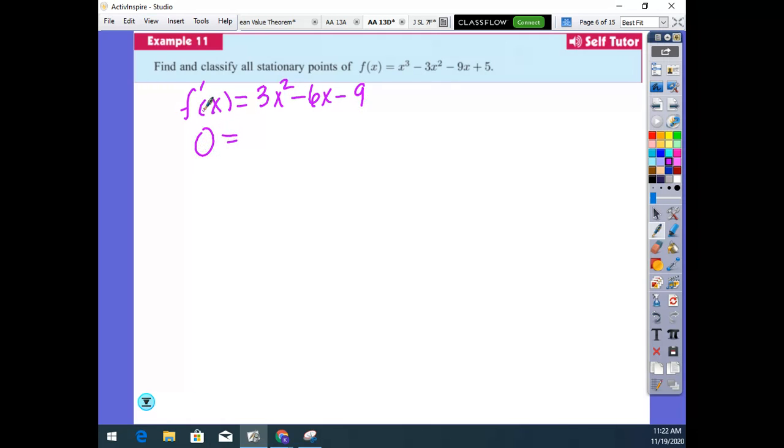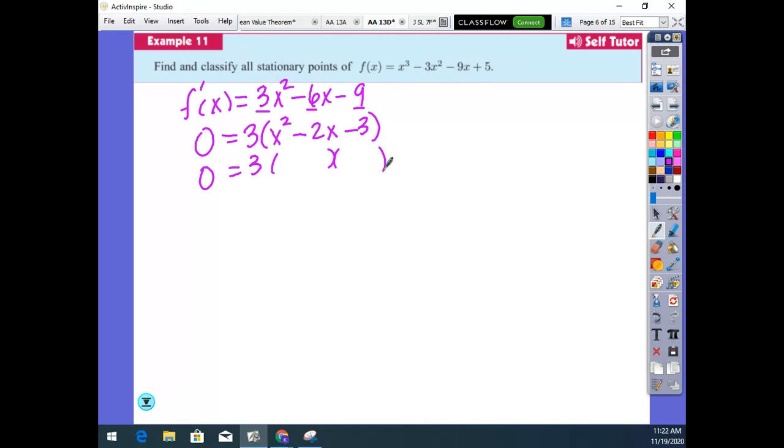To find where f prime equals 0, there's a GCF of 3. Factor out the 3. Bring down the 3. Now we need 2 parentheses. x squared breaks into x and x. Factors of 3 that subtract to get 2: minus 3 plus 2.